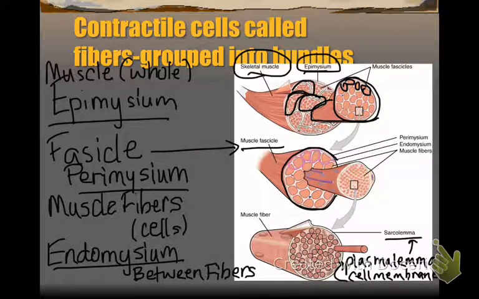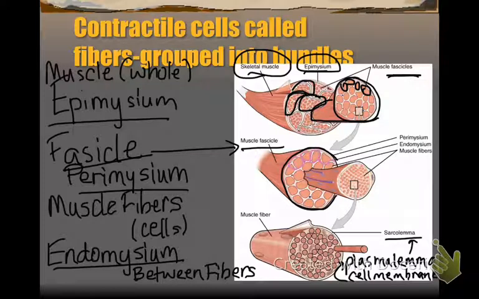It's the packaging that wraps around the whole muscle altogether. If I pull out one of the bundles of cells called a fascicle, there are multiple fascicles in each muscle. Do you see how there's multiple fascicles in that picture? Multiple fascicles. Each fascicle is individually wrapped.